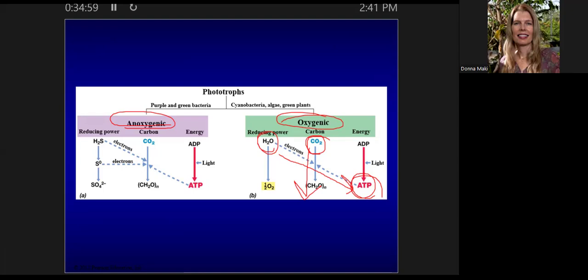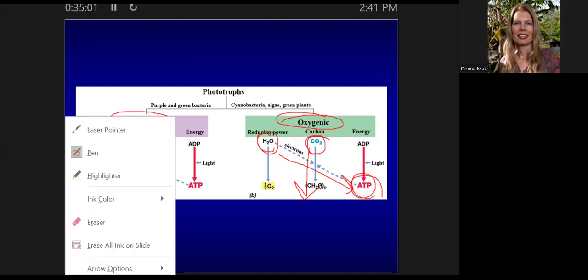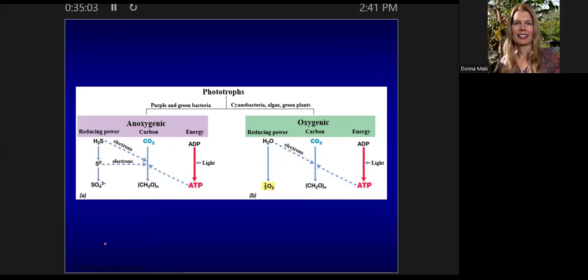Then there are some funky microbes that do something very different. They do anoxygenic photosynthesis, so without the creation of oxygen. If you follow that thought out, if they're not creating oxygen, then they must not be using water as their electron donor, their source of electrons.